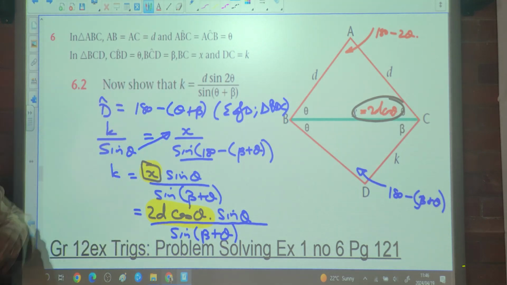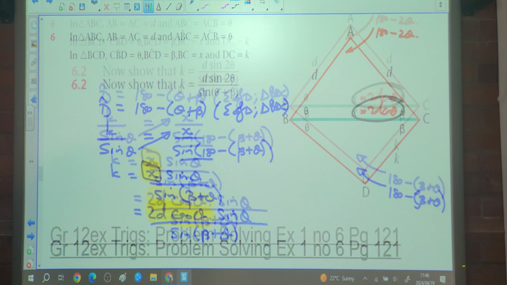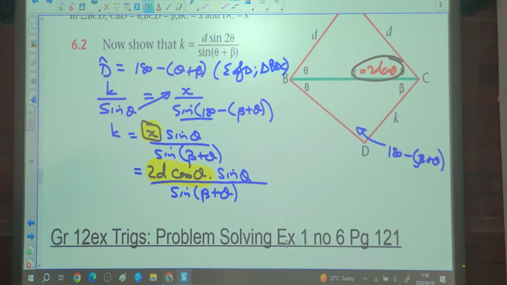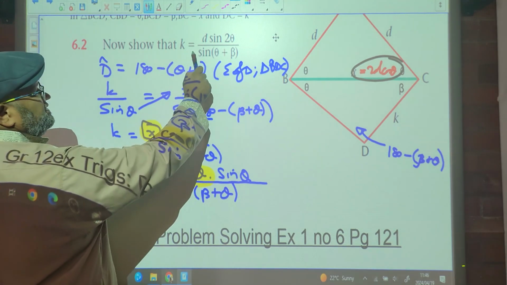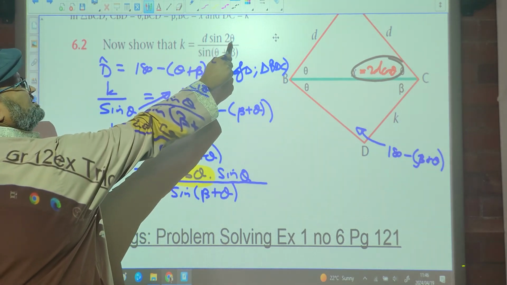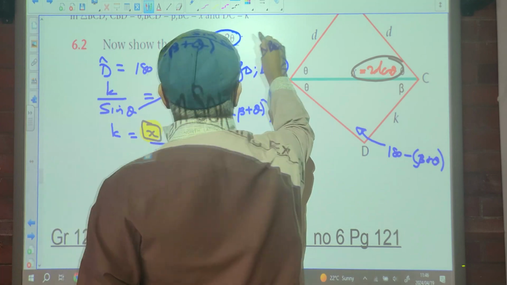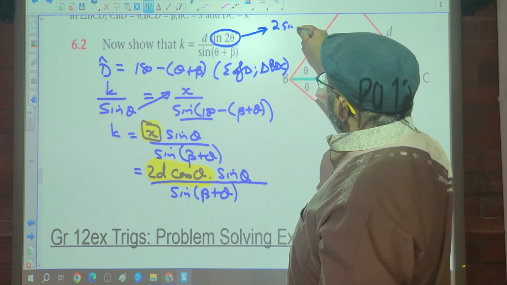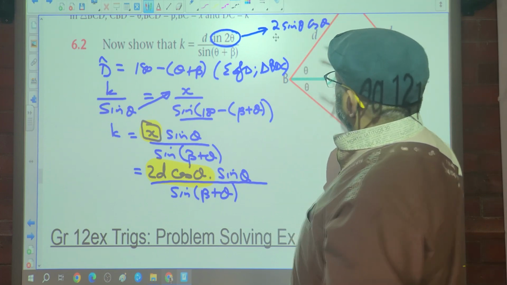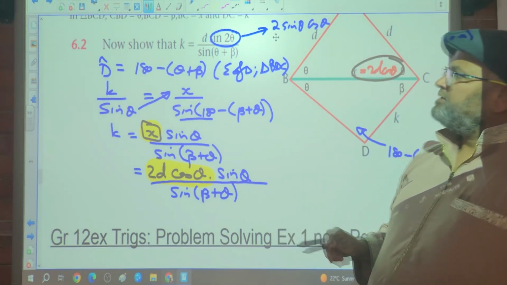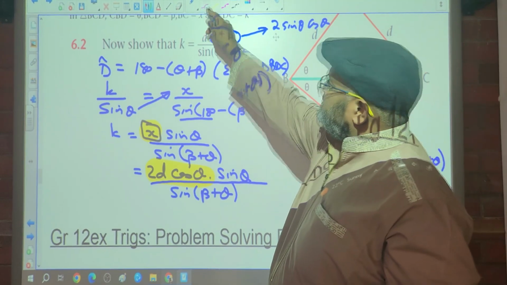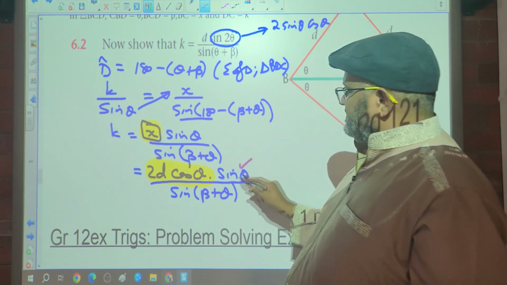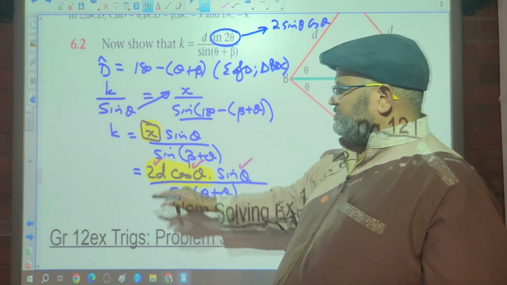No. What do they have? They have sine 2 theta. But sine 2 theta is also equal to what? 2 sine theta cos theta, not so. But what do we have here? We have the sine theta, we got the cos theta, and we have that 2.